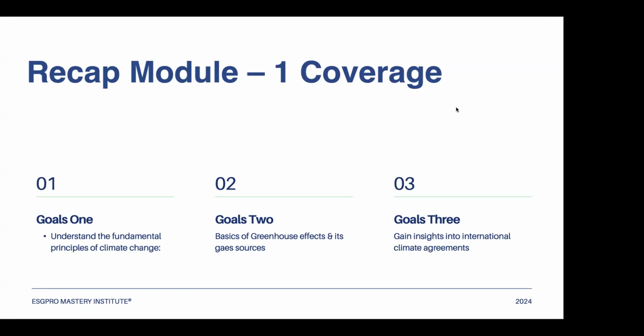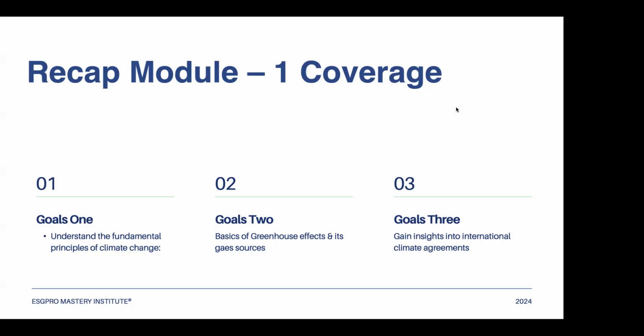Then we looked into the climate change overview, and finally into greenhouse gases and climate change and how they are interlinked, recognizing carbon dioxide as a primary contributor to climate change. That was our first goal, which we achieved in the last couple of days.